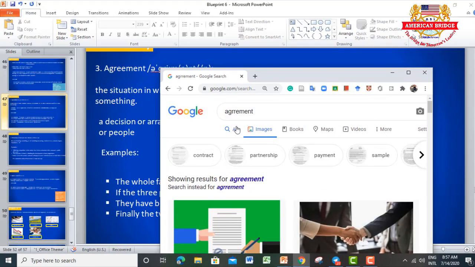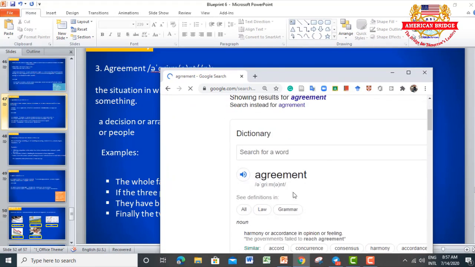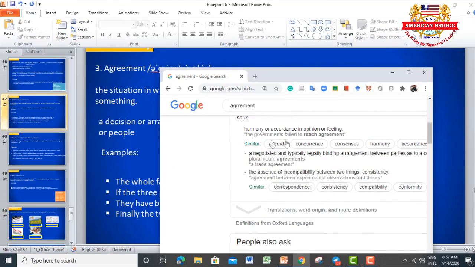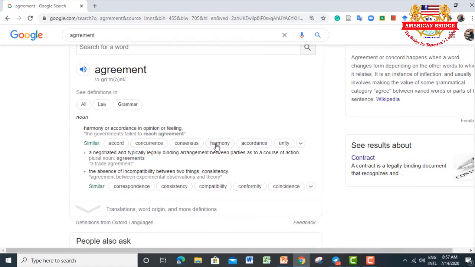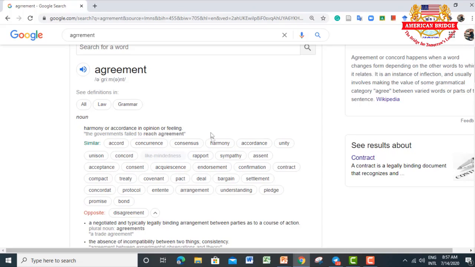Those pictures can represent the agreement. And in our book, you can see other words like accord, concurrence, consensus, harmony, concordance, or unity. These are some similar words.